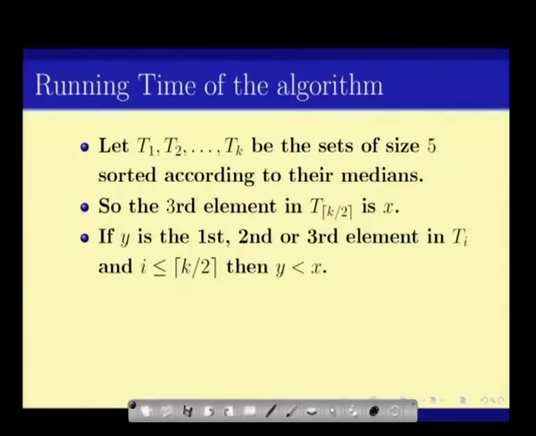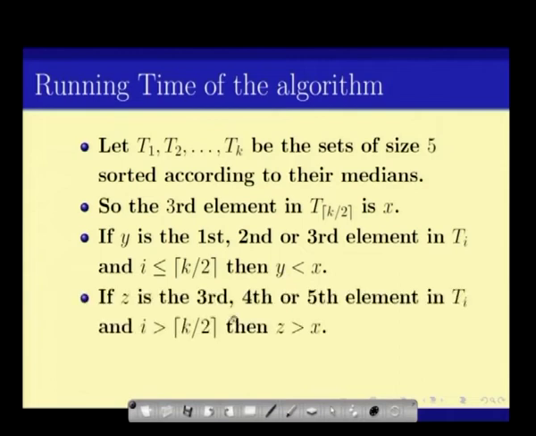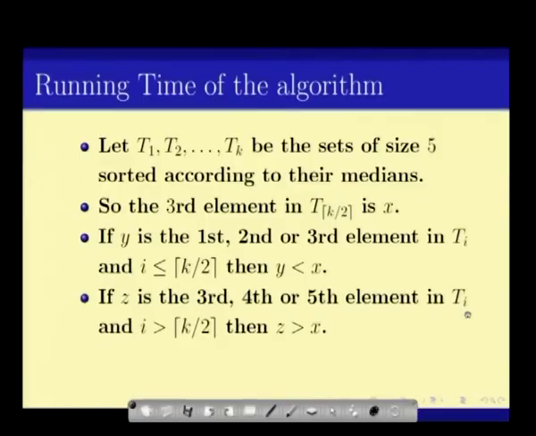As we are drawing the red and blue points, if y is the first, second or third element in T i, where i is a column on the left of the median x, then all of them will be less than x, and similarly the bottom right hand corner will be greater than x. So, how many points here are less than x?